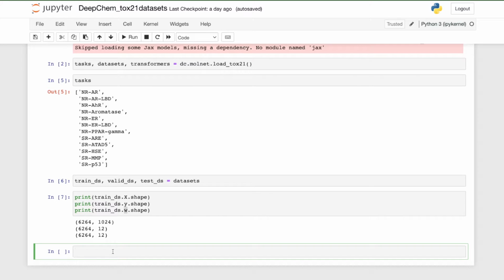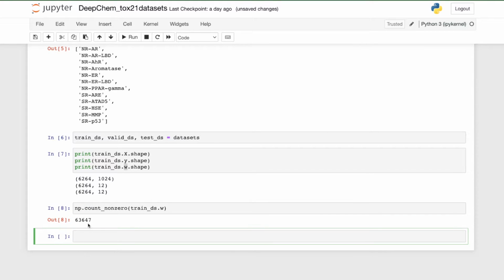We can find those things out by doing something called np.count_nonzero. Let's look at how many non-zeros we got here, train ds.w. So see here, 63,647 are non-zeros.